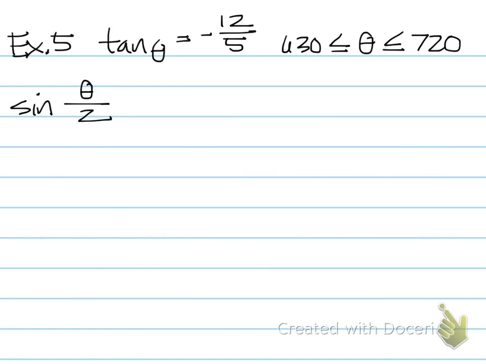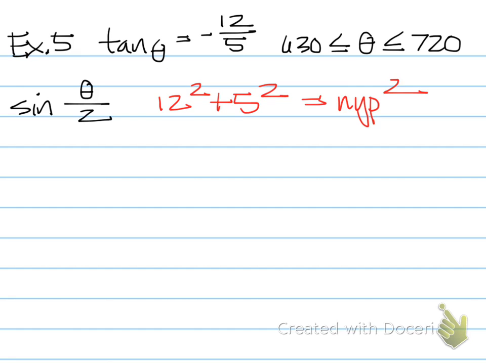All right, sine of half of the angle, given that tangent of the angle is equal to negative 12 over 5. First thing we need to do is use the Pythagorean theorem to find the length of the hypotenuse. Since tangent is opposite over adjacent, it tells us the opposite side of that right triangle is 12 and the adjacent side is 5.